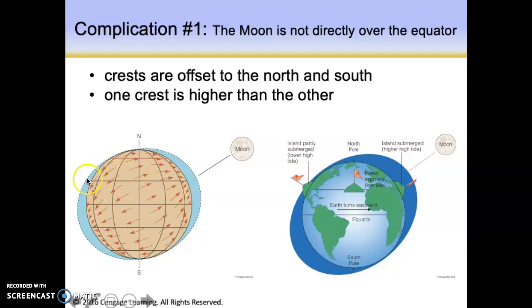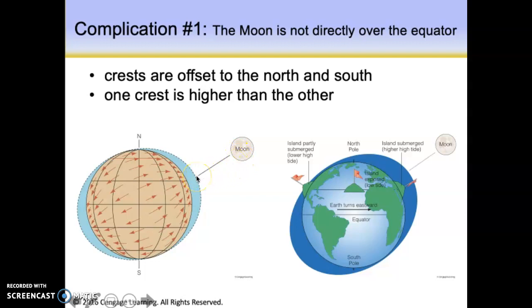But when you get to the other crest, you'll notice you're on the side of it. And so you get a slightly lower high tide. This produces what we will call a mixed tide. You still have two crests, but one is higher than the other.